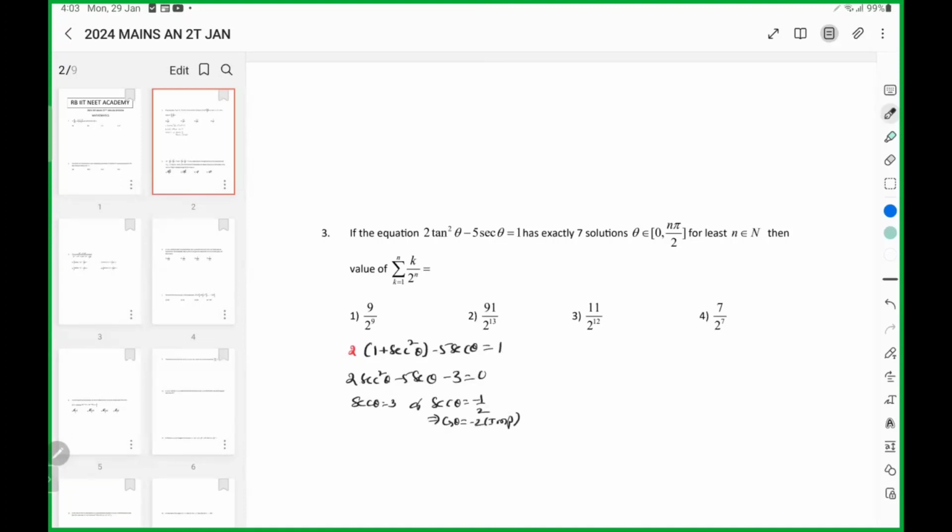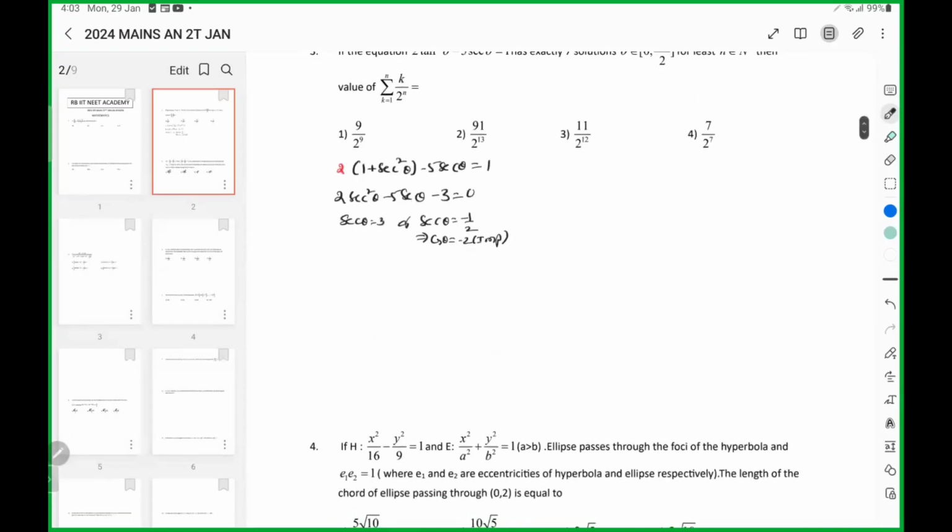But the perfect angle we don't know. We have to take the help of a graph to understand that. This is the coordinate axis. Let us take x axis.